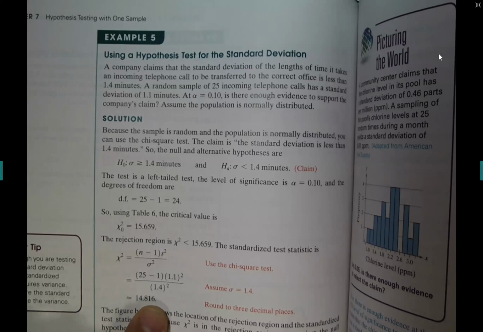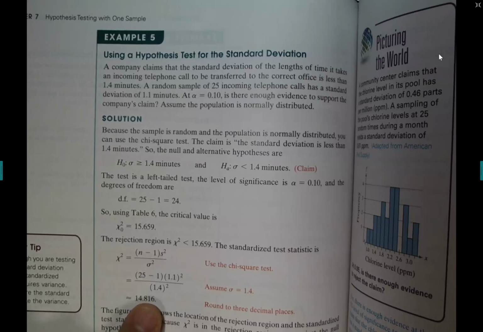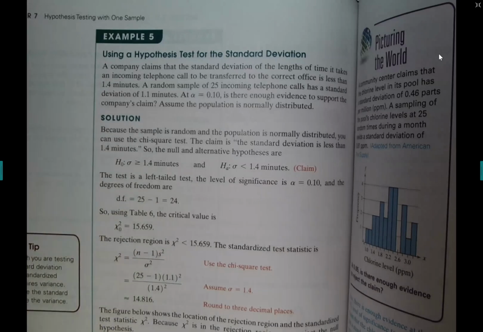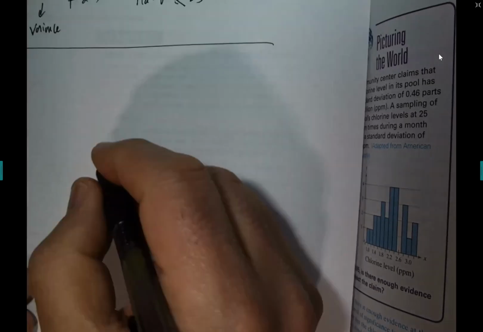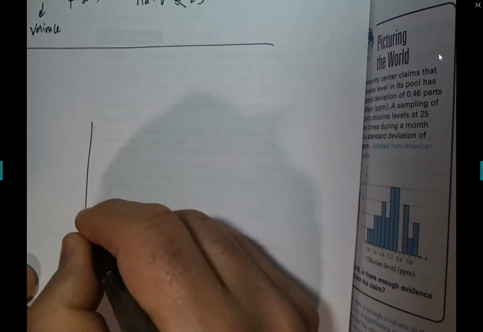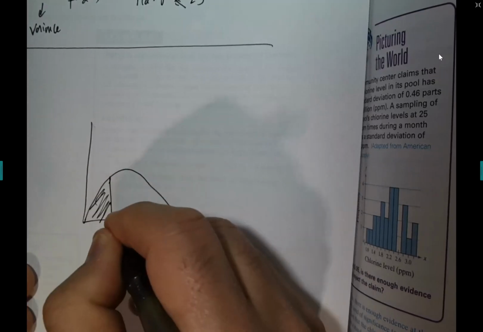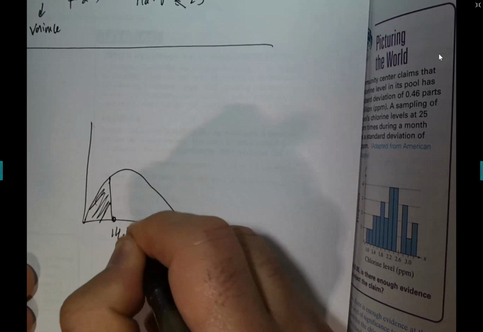So you get 14.816. He didn't do this using p-value, but if you want to continue, guys, finding this one using the p-value, the p-value is going to be the area to the left of 14.816 because it's a left tail test. So it's going to be this. That's chi-square.